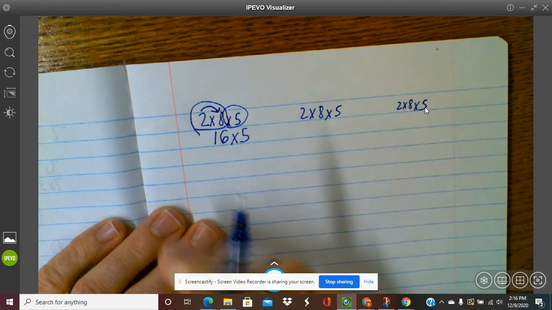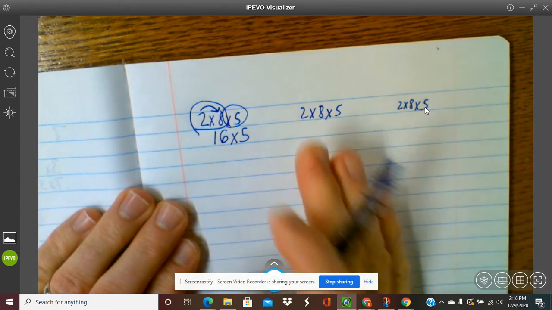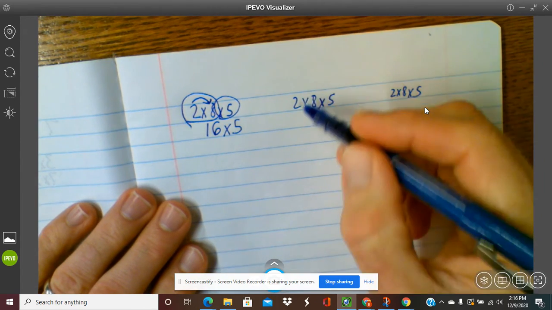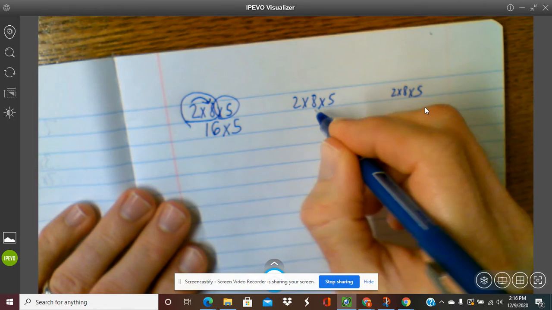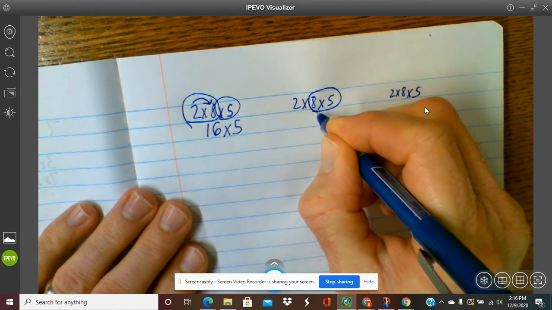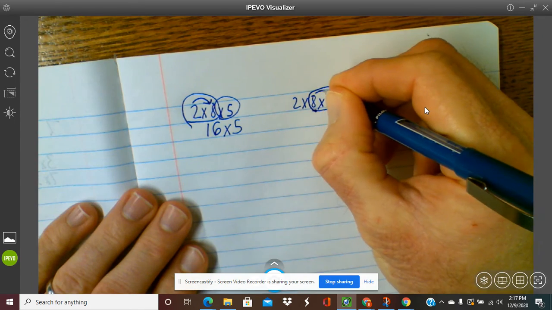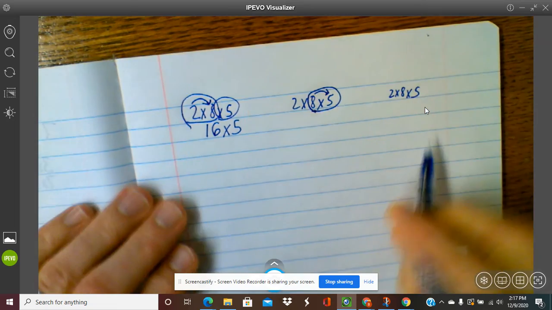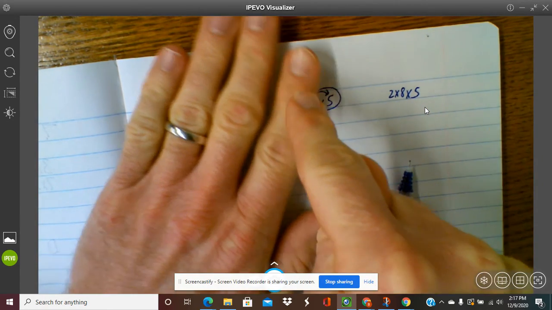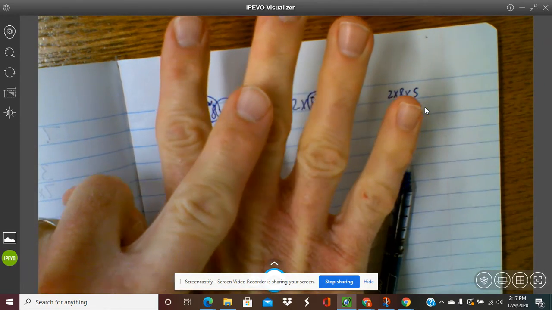So let's put this problem on hold and come to the next problem, which is the same problem, but let's solve it a different way. I don't have to multiply 2 times 8 in the beginning. I can multiply 8 times 5. When I'm thinking about 8 fives, I'm going to skip count by fives: 5, 10, 15, 20, 25, 30, 35, 40.